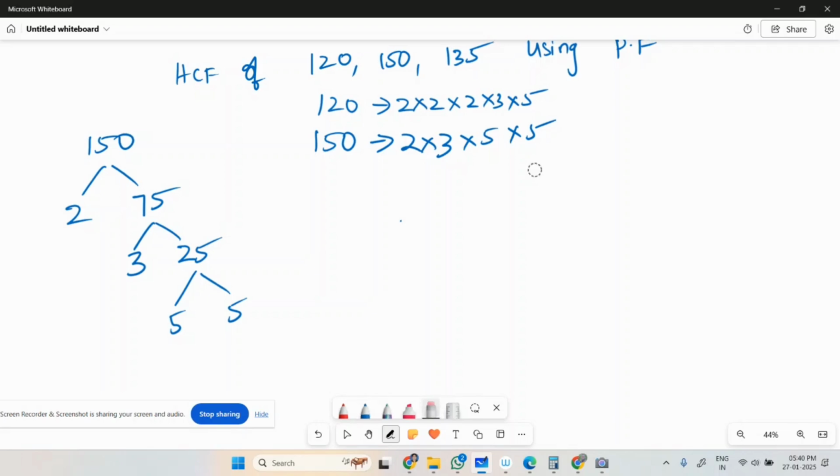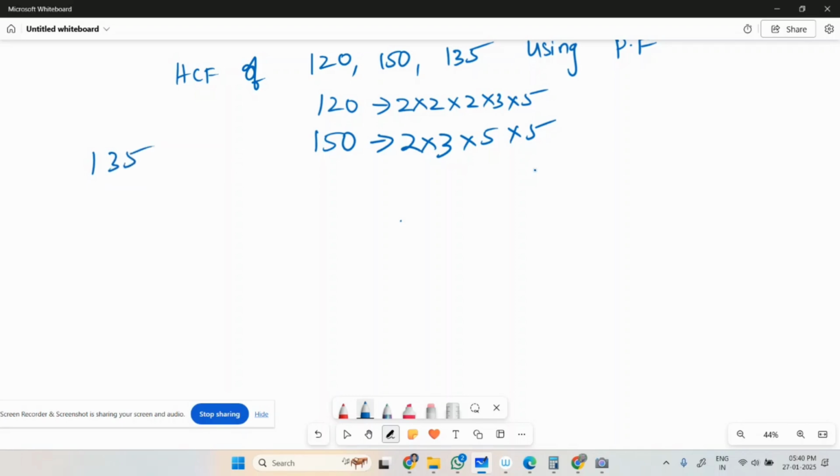Now let's find out the 135 prime factors. Is 135 divisible by 5? Yes. Is 135 divisible by 3? 1 plus 3 is 4, 4 plus 5 is 9, so yes. You can do it by 5, or you can also do it by 3.